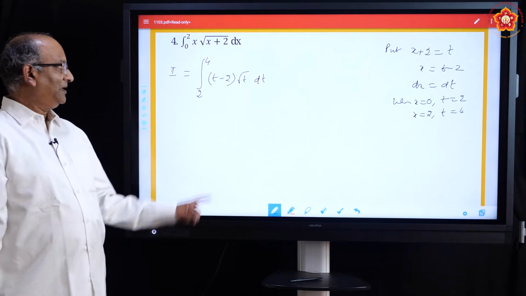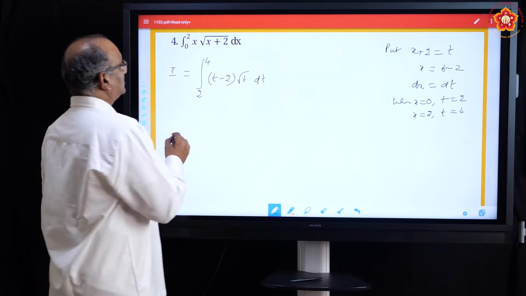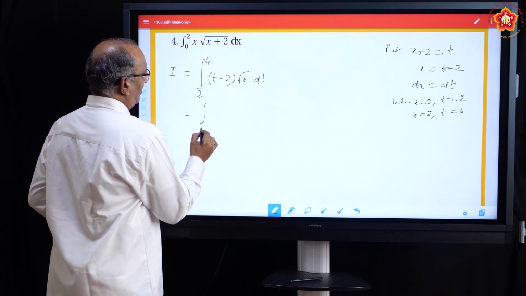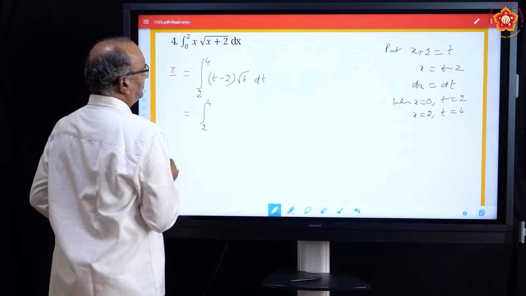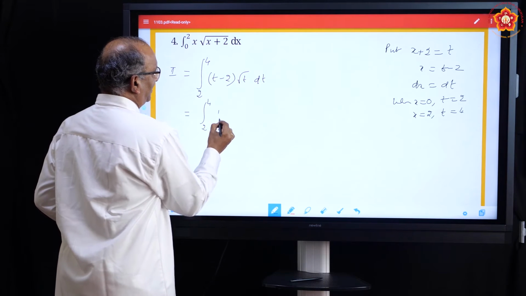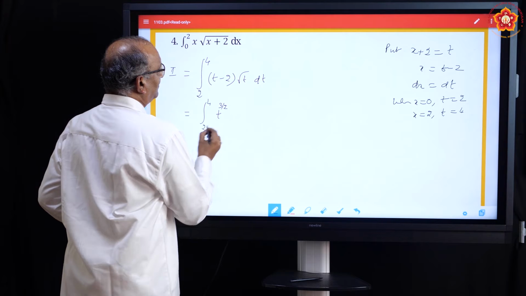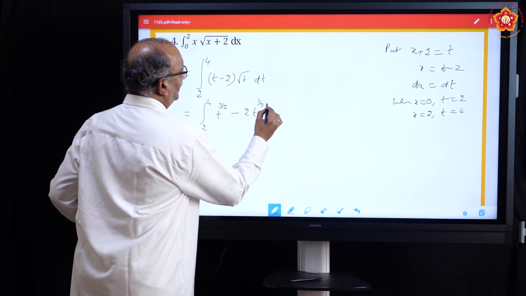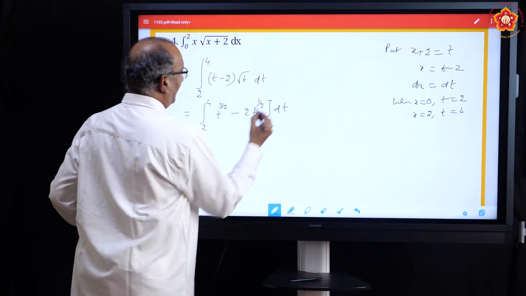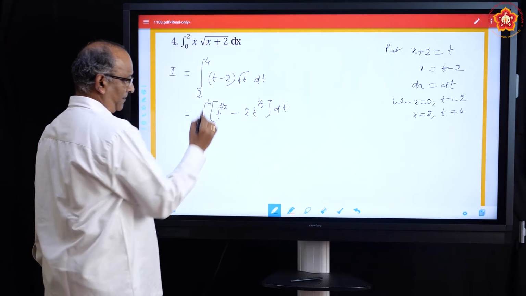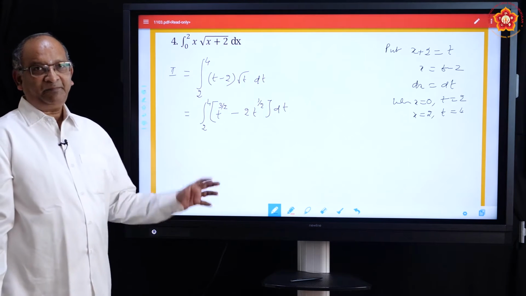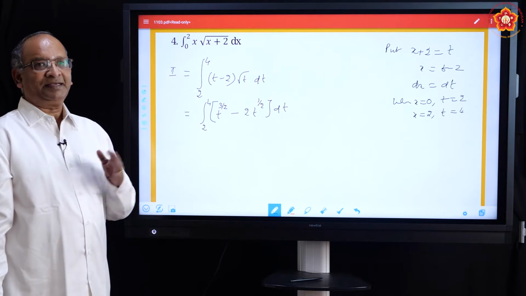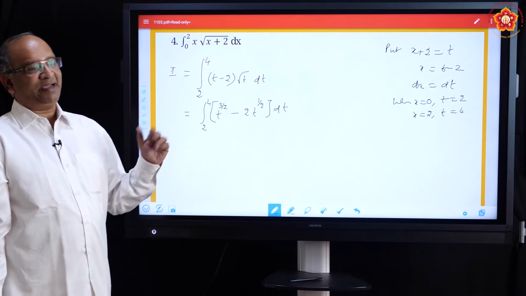So it is quite simple now. Open the bracket. So it will be, from 2 to 4, t to the power 3 by 2 minus 2 into t to the power 1 by 2 dt. Same polynomial function, integral of x to the power n is equal to x to the power n plus 1 by n plus 1.